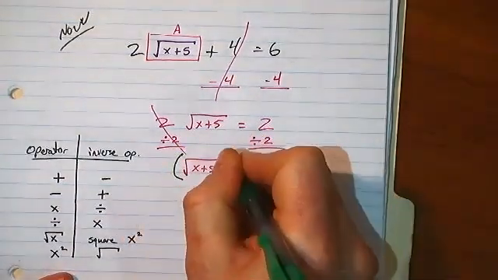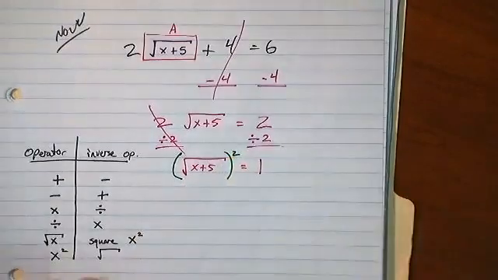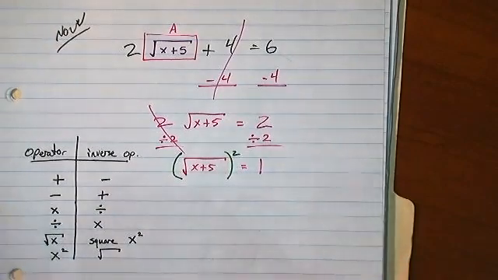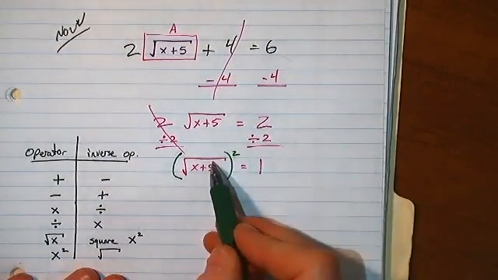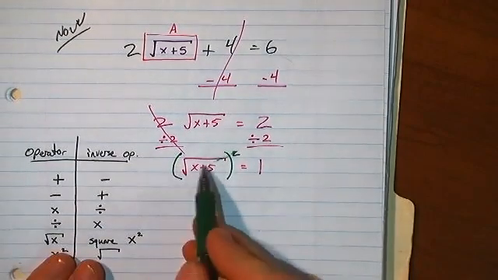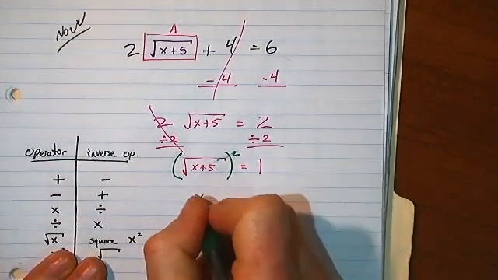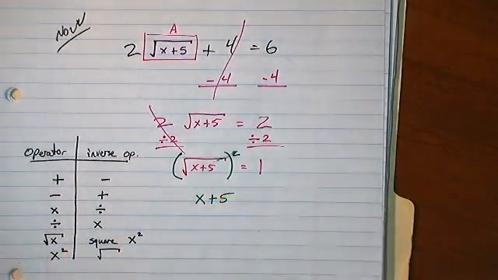To cancel out this square root right here, I'm just going to square it. That's all I'm going to do. And squares and square roots, they cancel each other out. So this and this, they cancel. Okay, and they cancel each other, which means there's nothing left to impact the x plus 5. The x plus 5 is still there, completely untouched, unfazed.